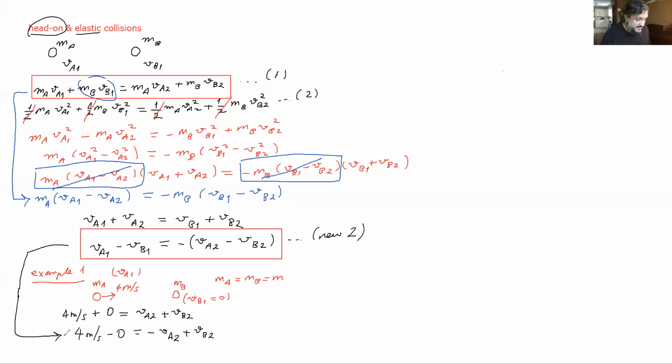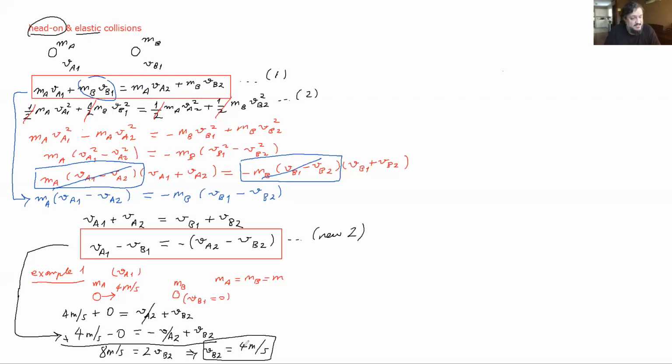So if I do that, add this equation to the second one, I'll have 8 meters per second on the left hand side. This will cancel that, and 2 VB2s on the right hand side. Dividing both sides by 2, I'll get VB2 equal to 4 meters per second.